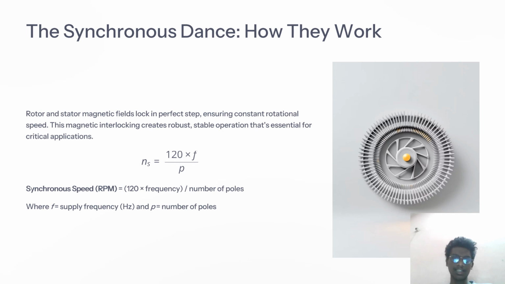Rotor and stator magnetic fields lock in perfect step, ensuring constant rotational speed. This magnetic interlocking creates robust, stable operation that is essential for critical applications. Ns equals 120 F by P. Synchronous speed in RPM is 120 into frequency by number of poles, where F is the supply frequency and P is the number of poles.